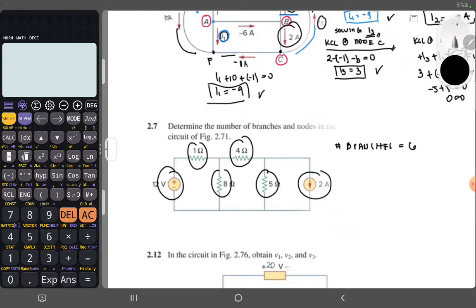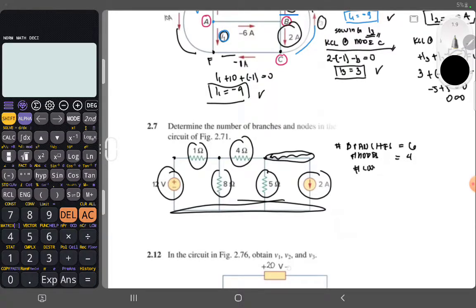Okay. Bilangin natin kung ilang yung nodes. We have 1, 2, 3, 4. Okay? Next, bilangin natin kung ilan yung loop. Meron tayong 3. Okay? So, these are the answers.